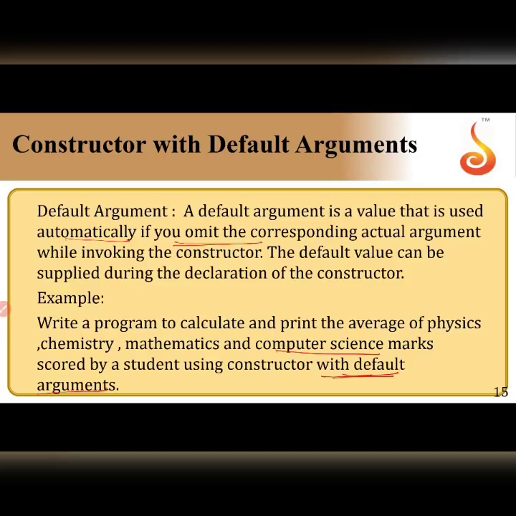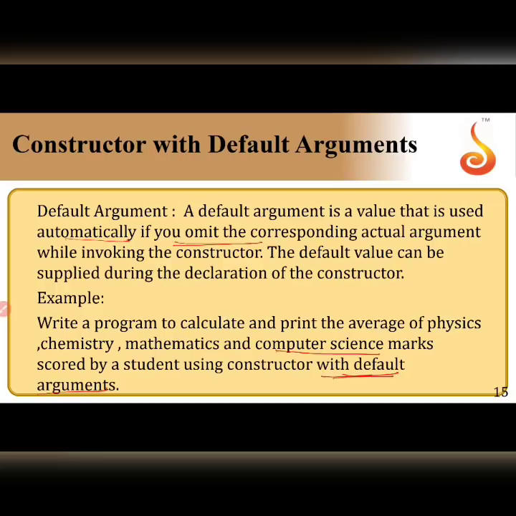But if you have not set any default values, it will give you error. So default values are set so that if you omit to pass the values while invoking a constructor, it will take the default values and execute without errors.